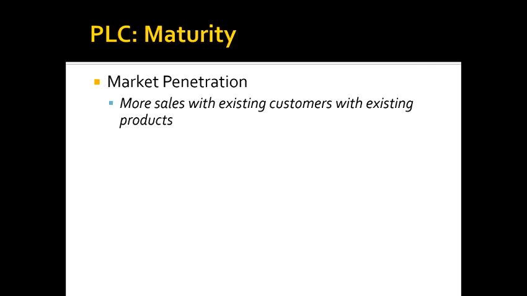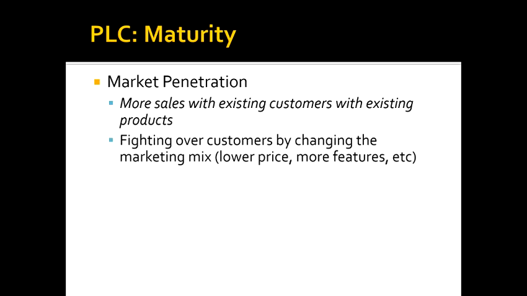Market penetration. In other words, how to get more sales with existing customers with our existing products or brands. And this is pretty much just like what happened during the market shakeout. We're fighting over customers either by changing our marketing mix, lower price, more features, different marketing communications, promotions of different types.